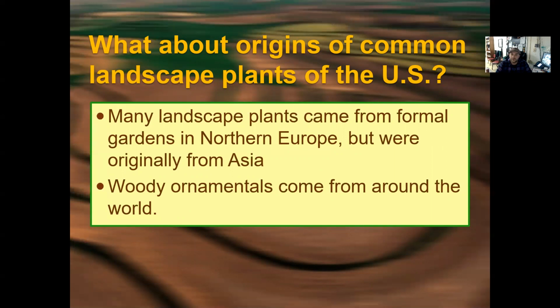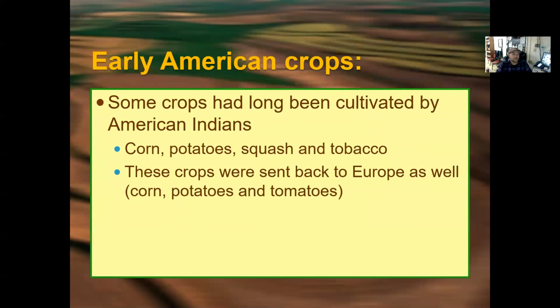One little known fact is that we have pretty much the same type of climate as Asia. So a lot of our plants that are taken over there and their plants brought over here are actually accustomed to our similar climates.